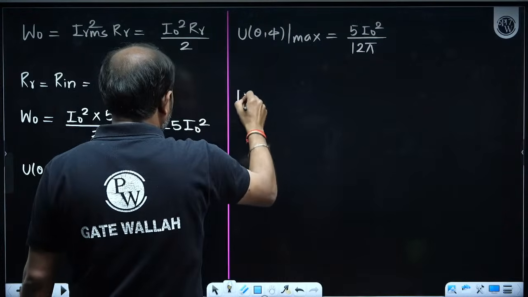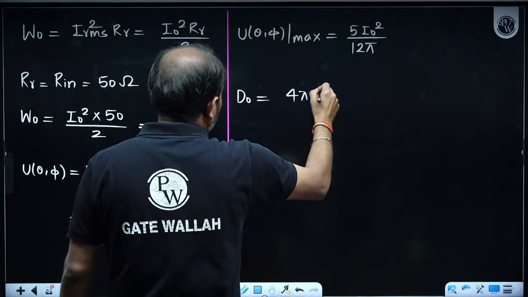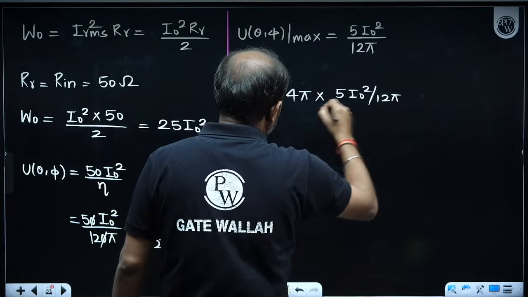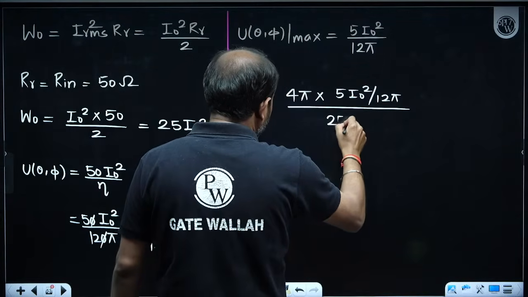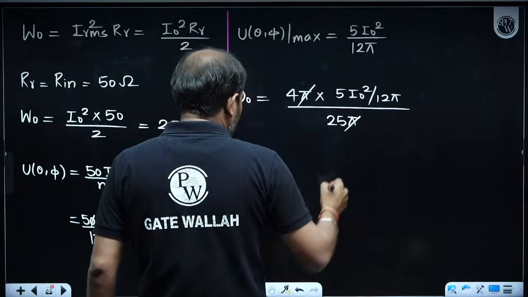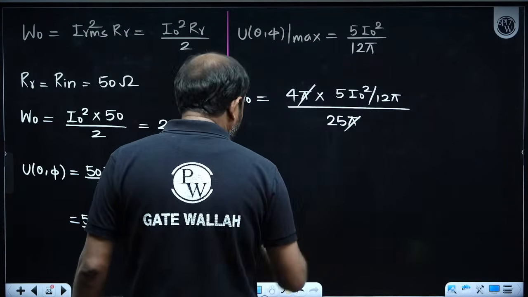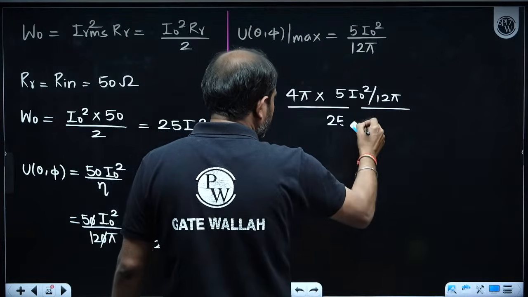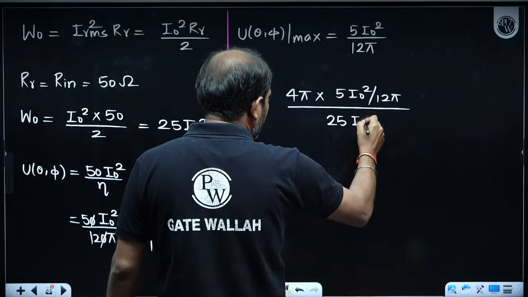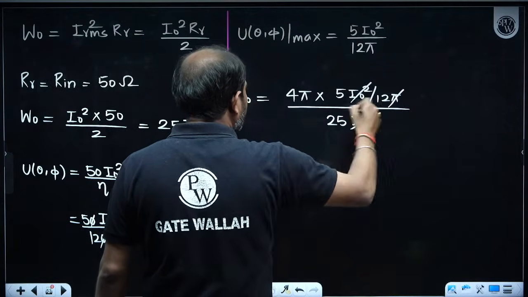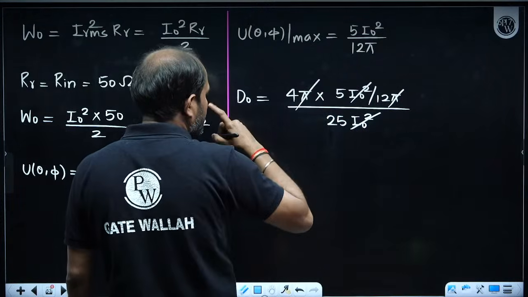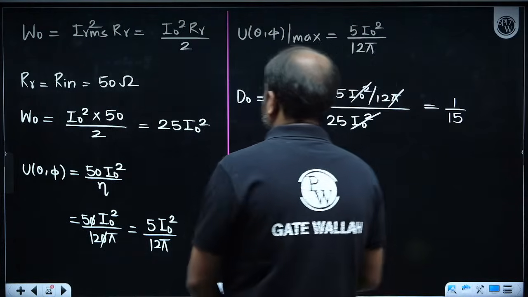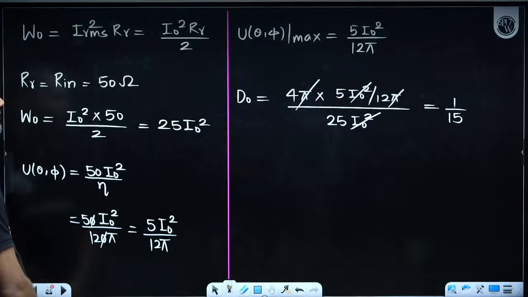Then directivity is equal to 4 pi into 5 I naught square upon 12 pi divided by 25 I naught square. I naught will be cancelled, so it will be 1 by 15. So directivity is 1 by 15.